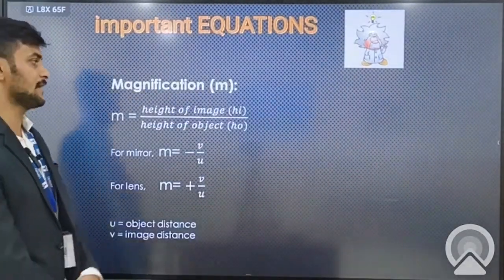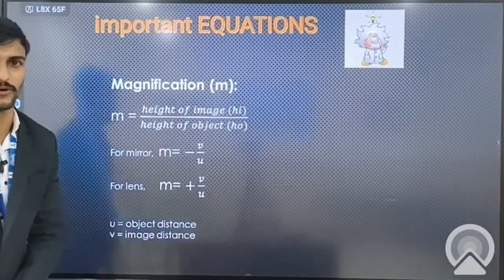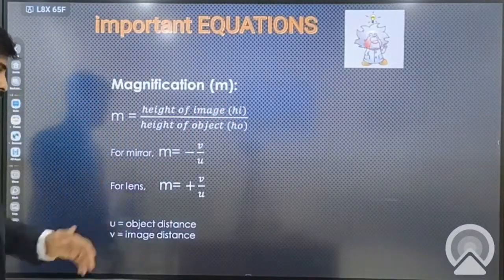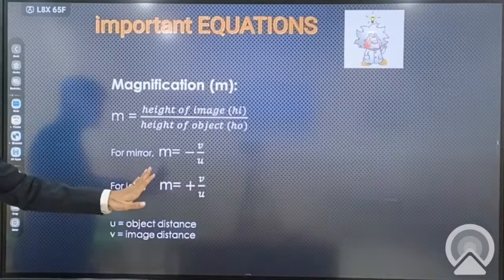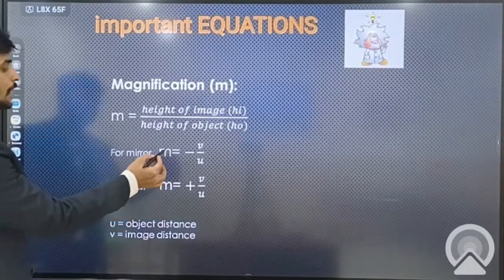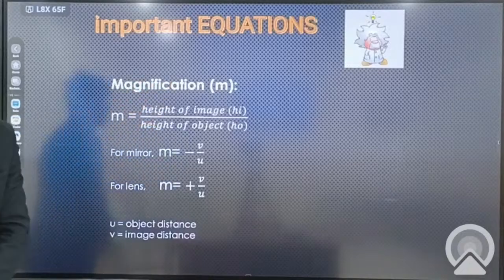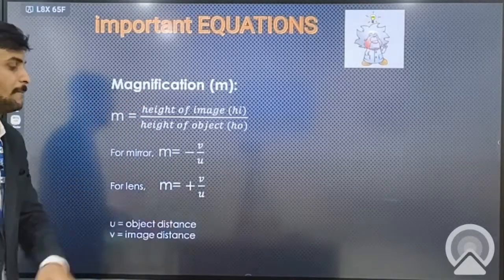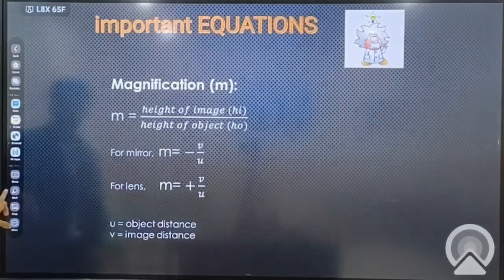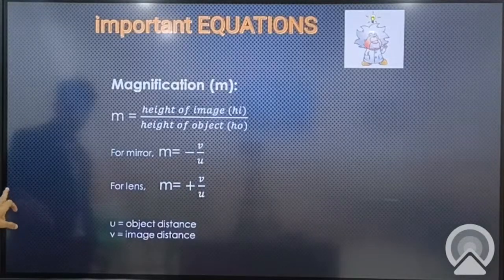So next one, magnification. Magnification means height of image by height of object. It doesn't have any unit. For mirrors, M equal to minus V by U. For lenses, it will be plus V by U. And one more thing.